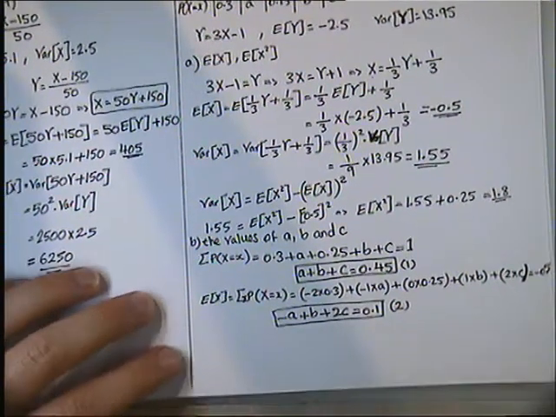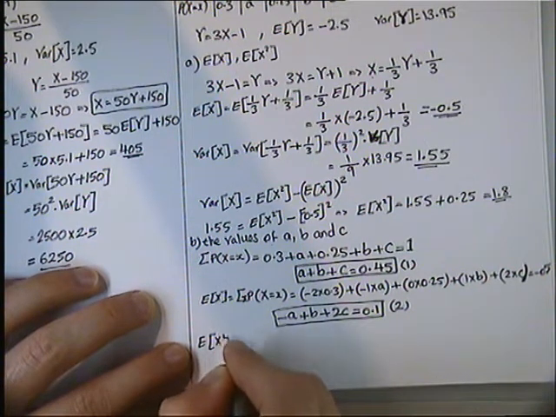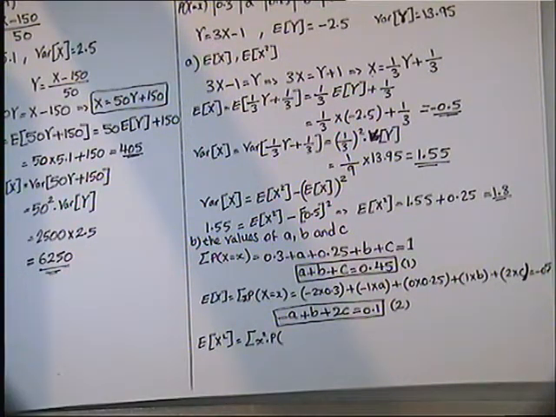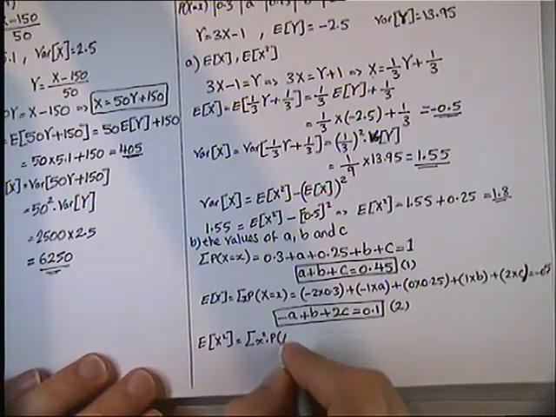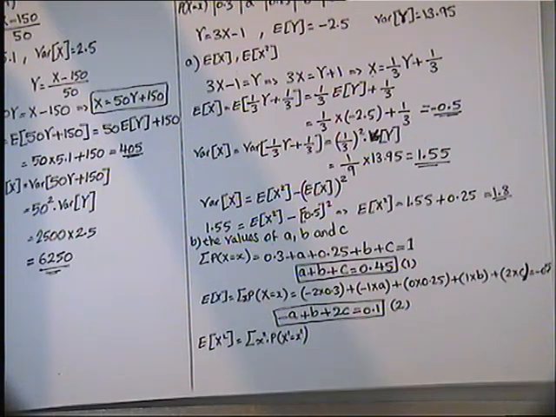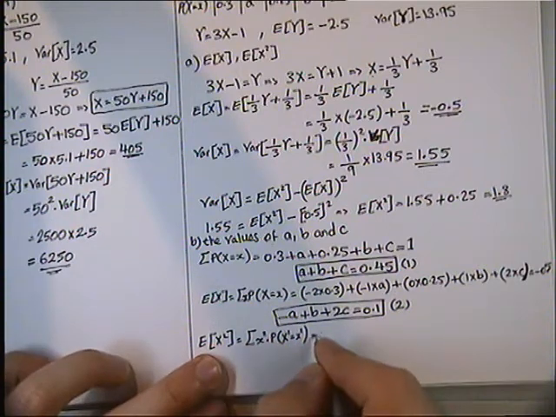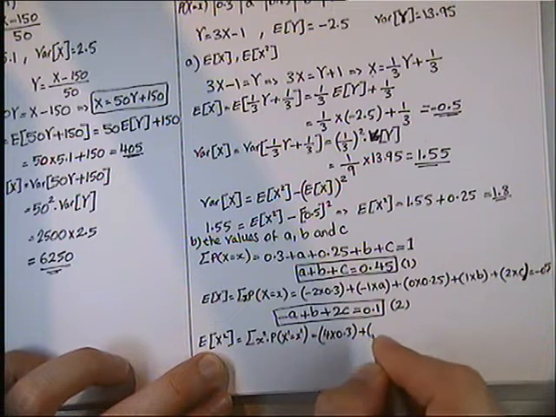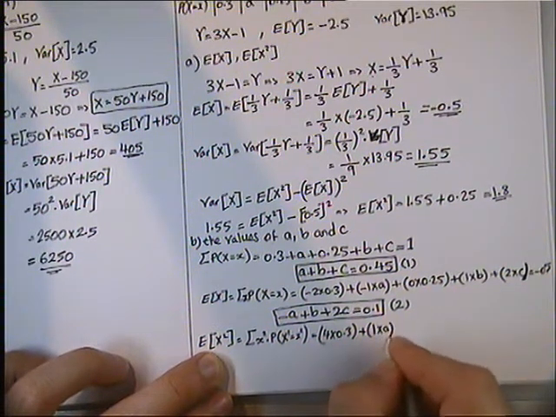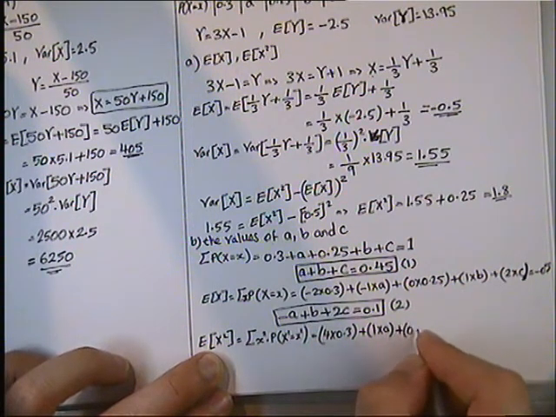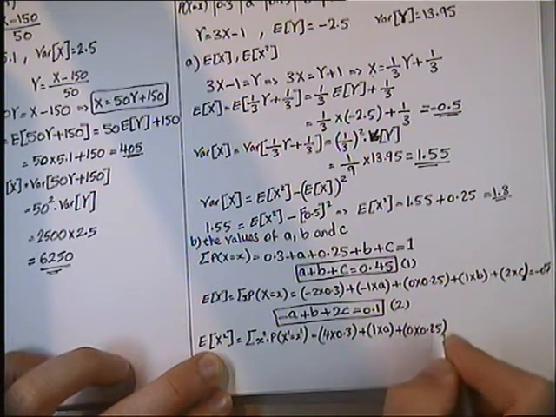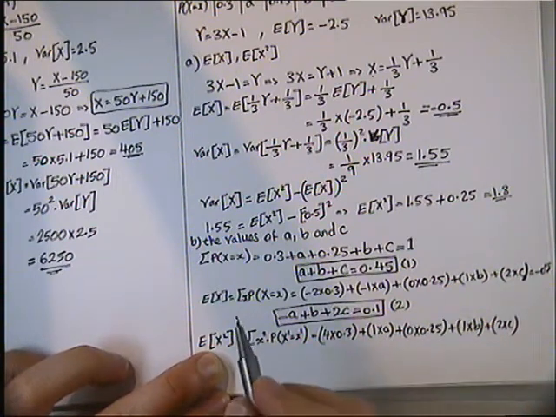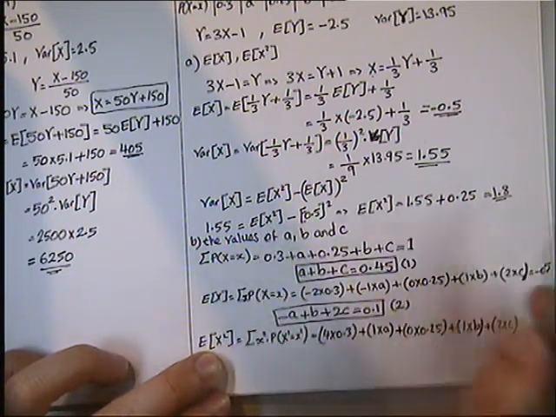For equation 3, I can use E of x squared. Sum of x squared times probability of x squared equal to x squared, which will be 4 times 0.3 plus 1 times a plus 0 times 0.25 plus 1 times b plus 2 times c adds up to E of x squared, which we already worked out, which is 1.8.